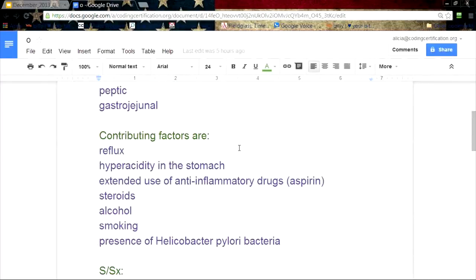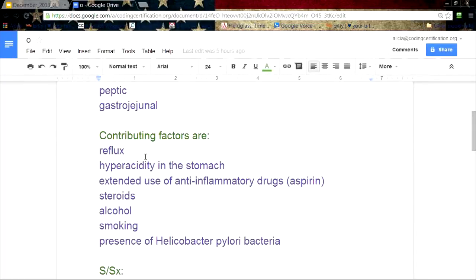unless you're given a definitive diagnosis in physician-based coding, you would code the signs and the symptoms, so we're going to talk about those, and to back up the treatments or that the person has a current condition, you're going to need to know the contributing factors that will show up in the case.